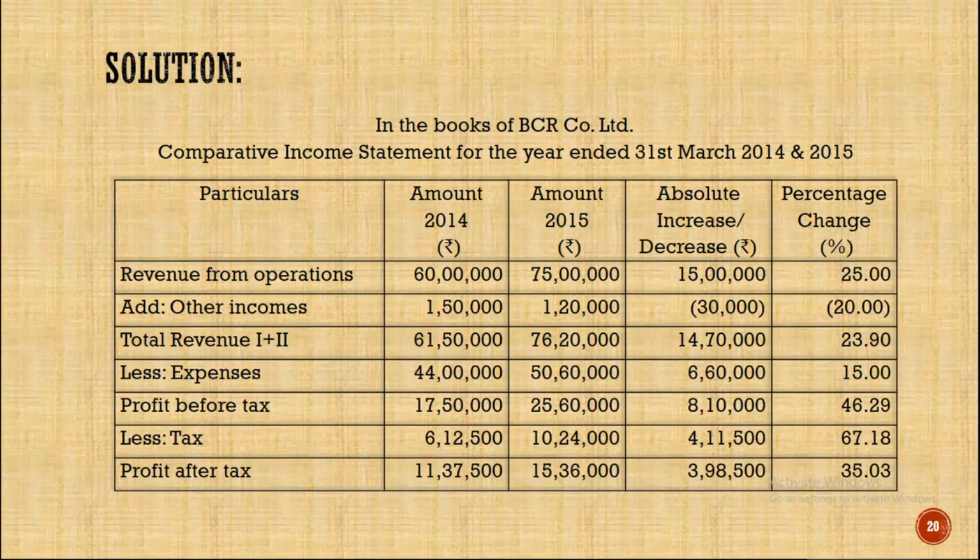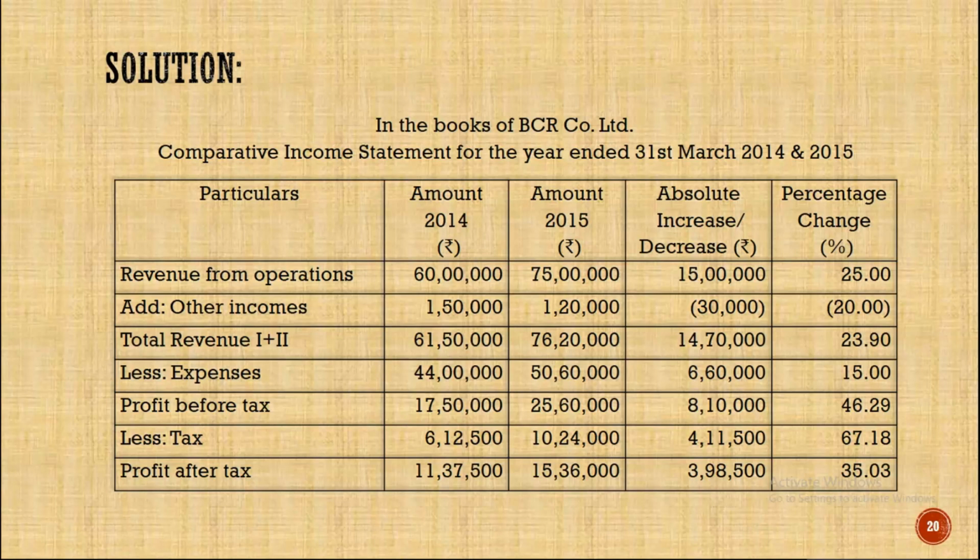Then in the same format, we have to apply the same formula for all the figures, and we calculated absolute increase or decrease for each line item mentioned in the particulars. And thus we found that other income has decreased, and in percentage it has decreased by 20%. So except this other income, all the figures show an increase.